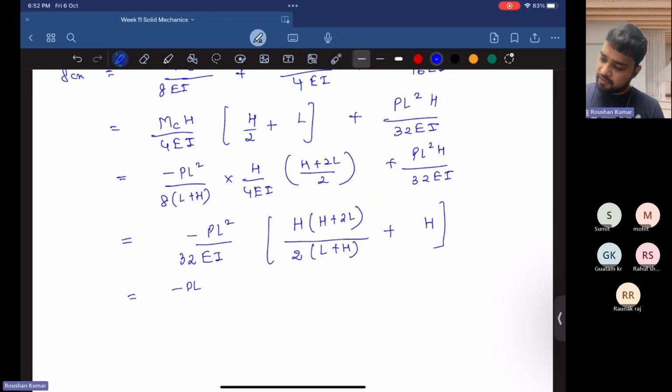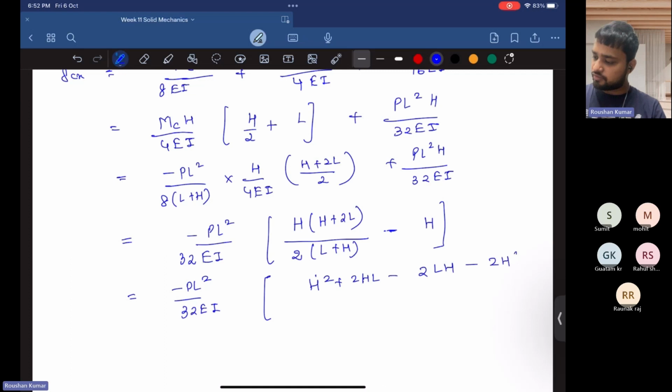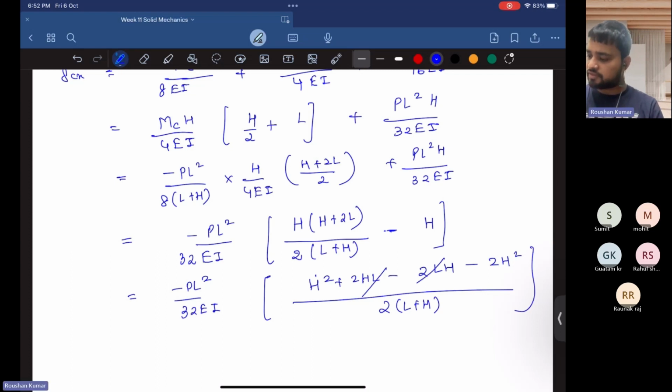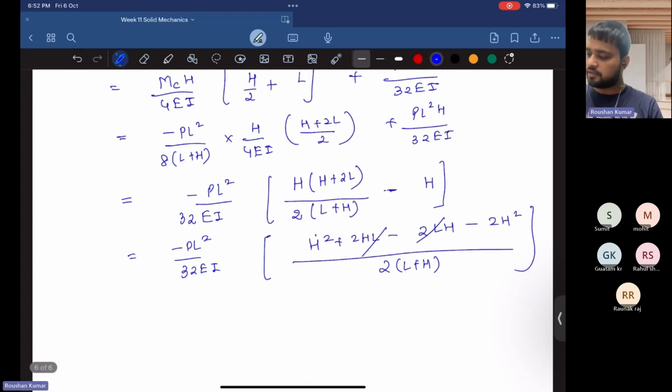Again minus P L square upon 32 EI. This is minus h into (h plus 2L), that is h square plus 2hL minus 2Lh minus 2h square, upon 2 into (L plus h). So 2LH and 2LH get cancelled out, and the remaining thing is h square upon 2 times (L plus h).